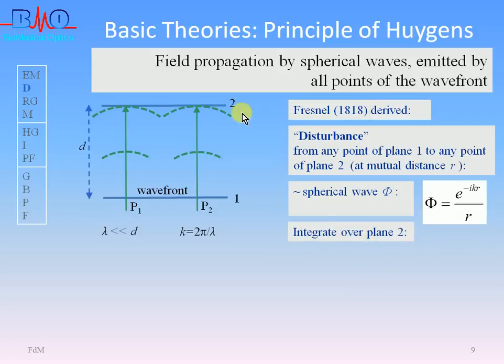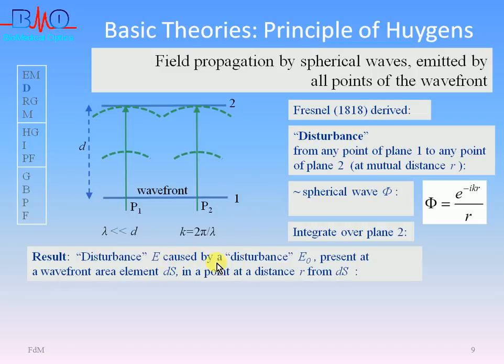Let's integrate over plane 2. The disturbance caused by disturbance E0 present at the wavefront area element ds, in a point at the distance r from ds, is given by this expression: i over r lambda times the phase factor times ds times E0.